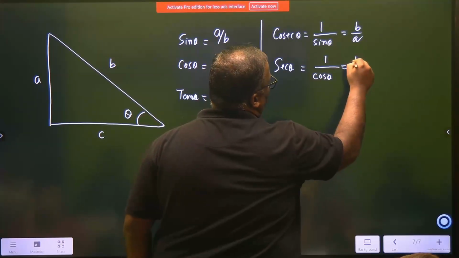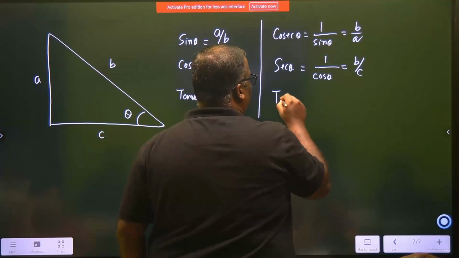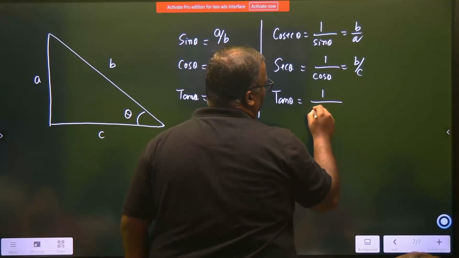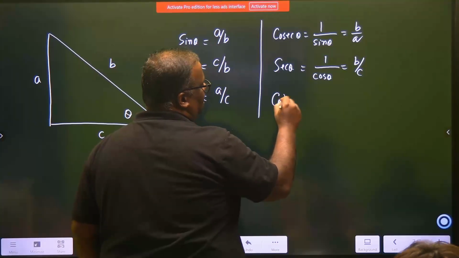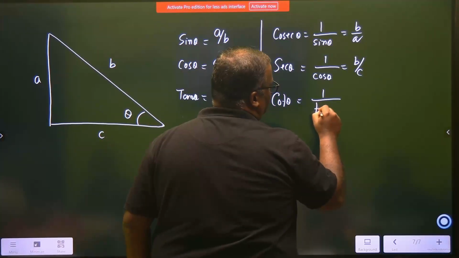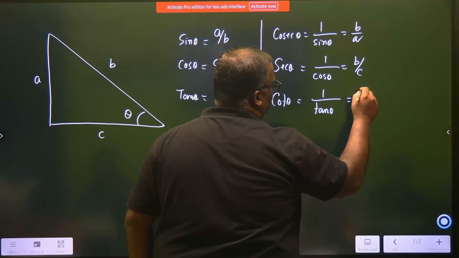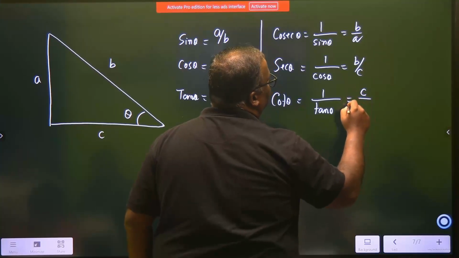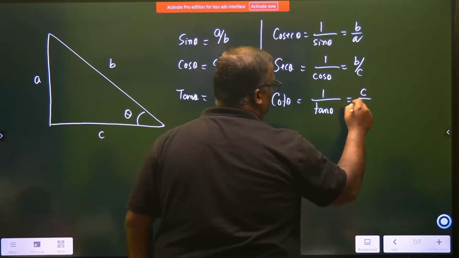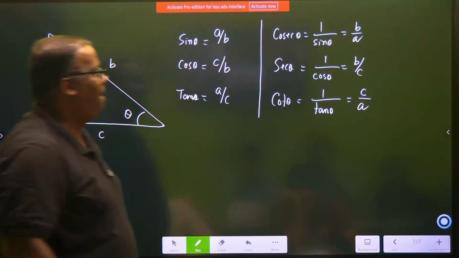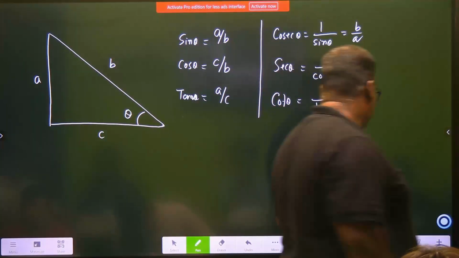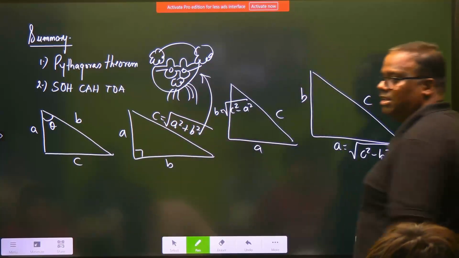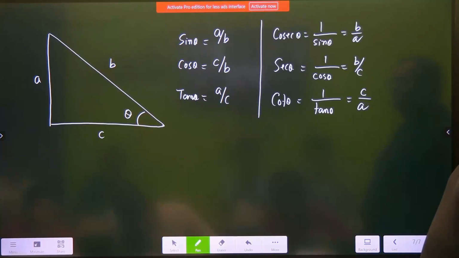So it will become B upon C. What is cot theta? 1 upon tan theta, which should be C upon A. Okay. So some problems might come, which will tell you write all trigonometric ratios given some angles. This in ICSE is in grade 9.